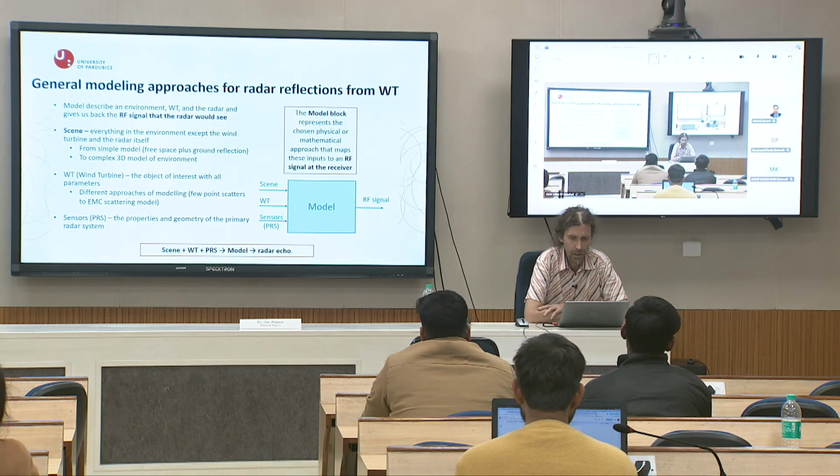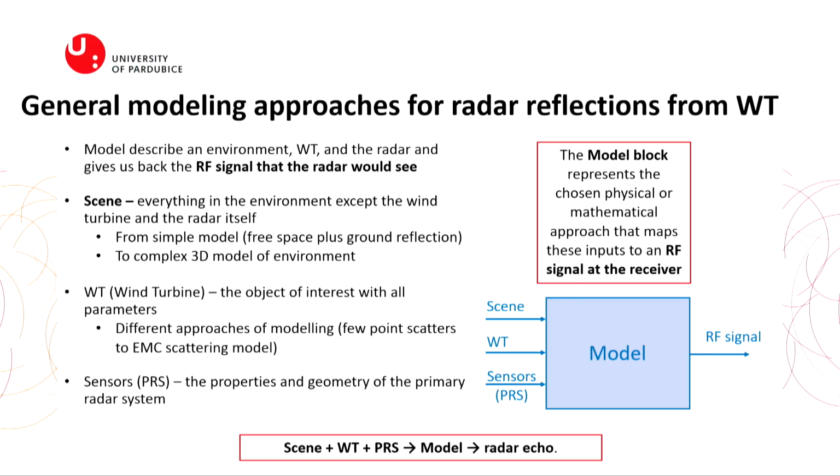So we have the model. The inputs are the scene, wind turbines, and sensor, and the output is a radio frequency signal. It is our reflected signal that contains all reflections from one or multiple wind turbines. Honestly, our simulator works with multiple wind turbines and even considers multipath effects, but it is extremely numerically demanding.